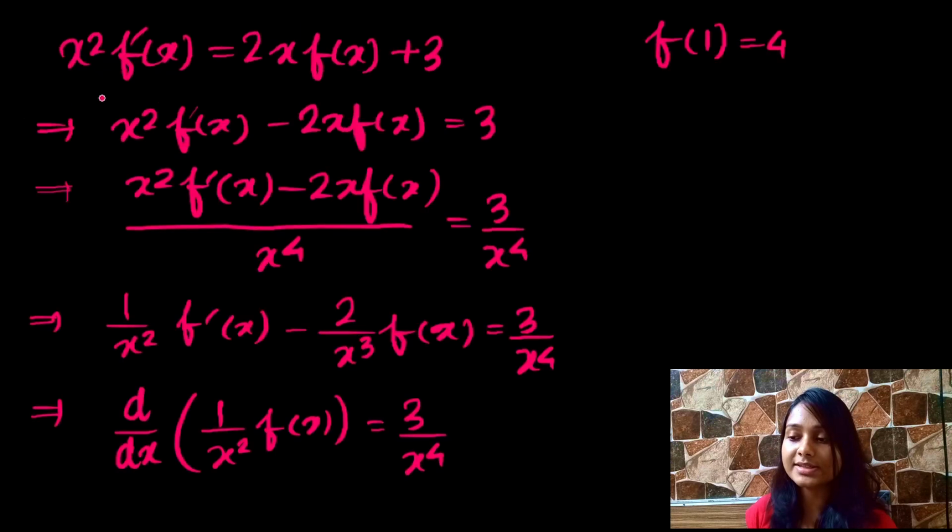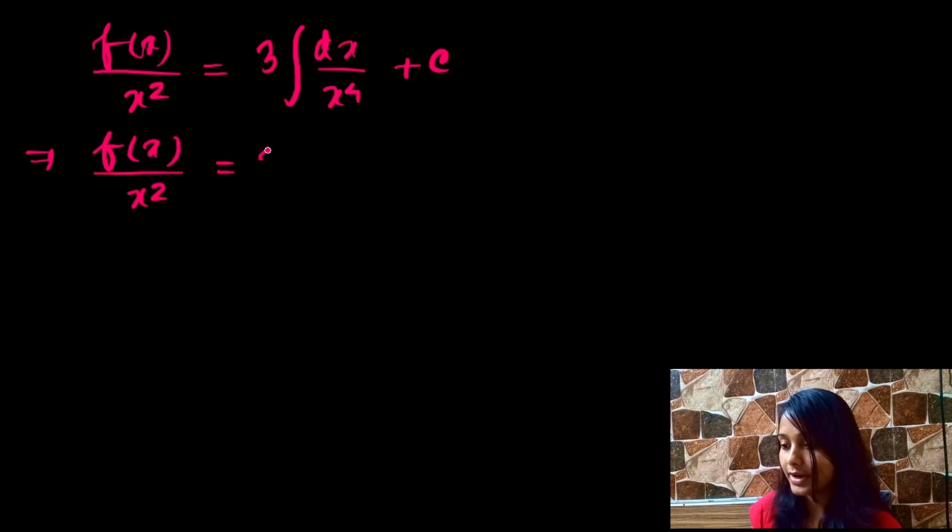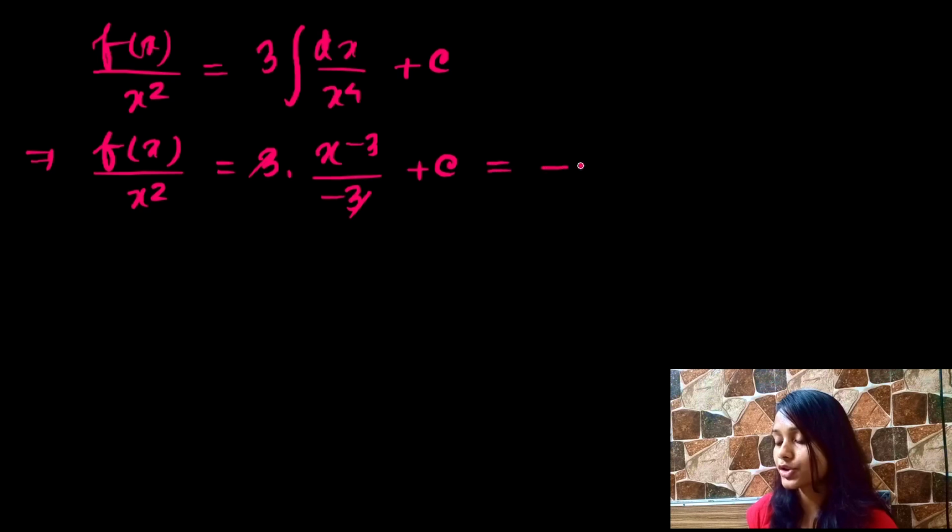The value of c can be obtained from the expression f of 1 equals 4. So let me do the integration. It will be 3 x power minus 3, there will be a minus 3 here, plus c. So 3 and 3 will get cancelled out. It is actually minus x power minus 3 plus c.